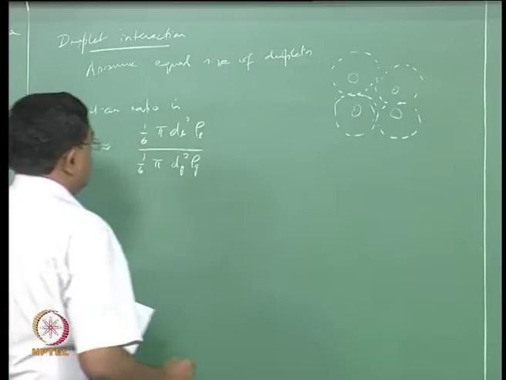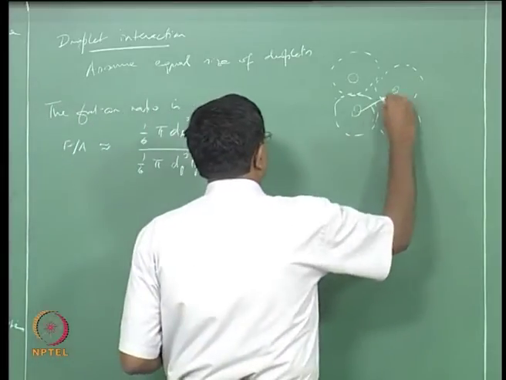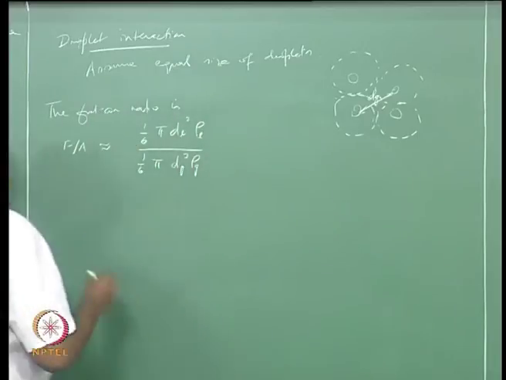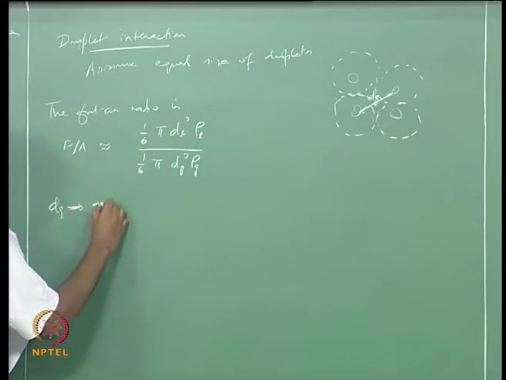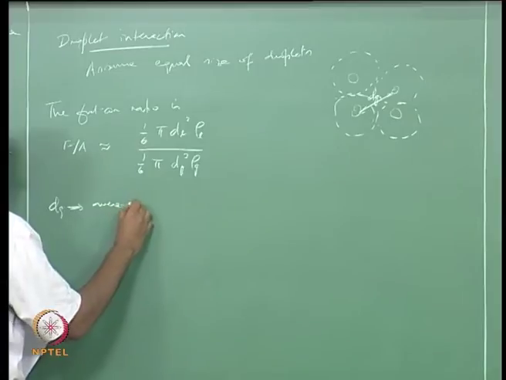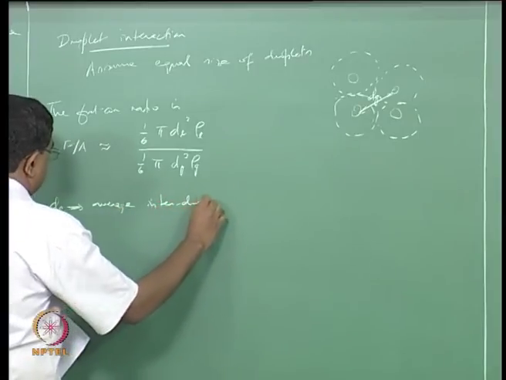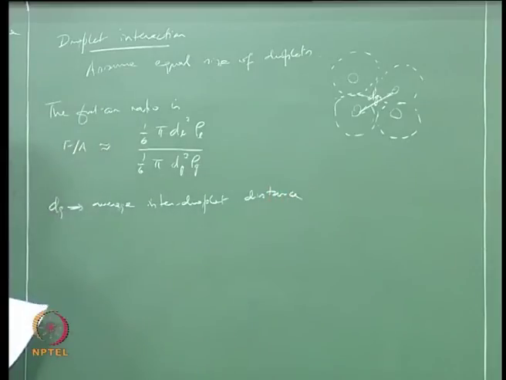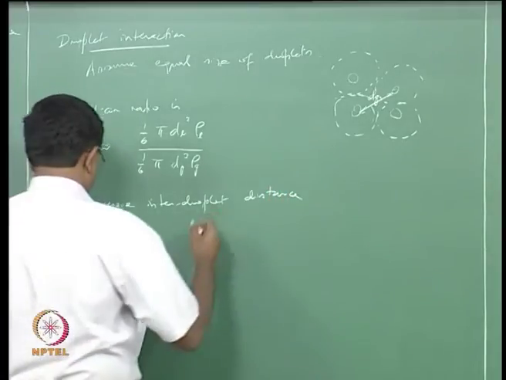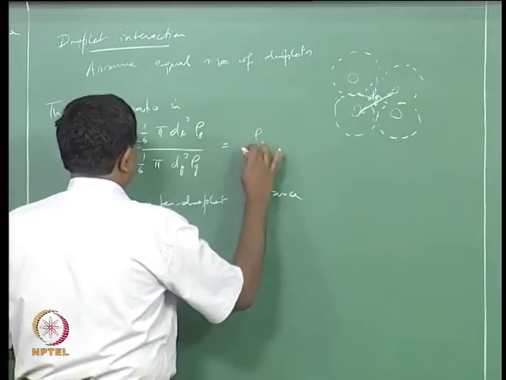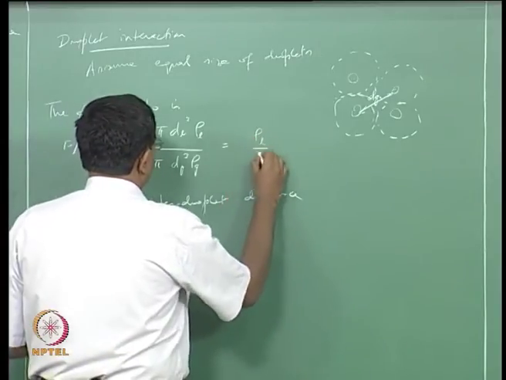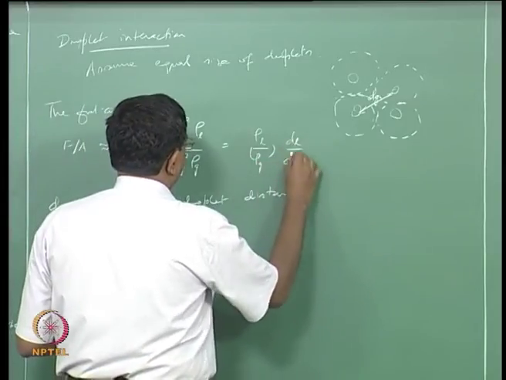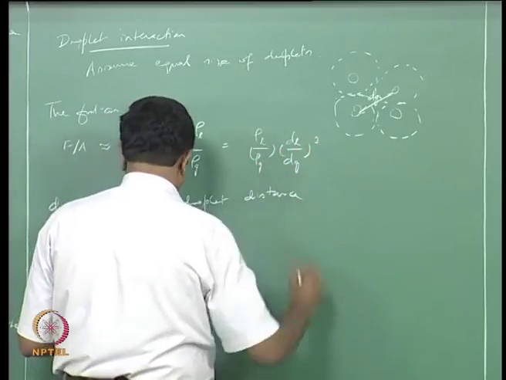So the dg that we are talking about is the average interdroplet distance. So what does that mean? This is like rho L over rho g times dl over dg the whole cubed.